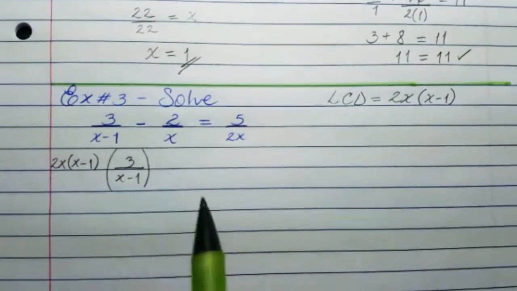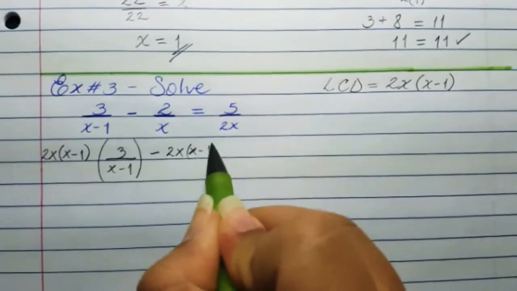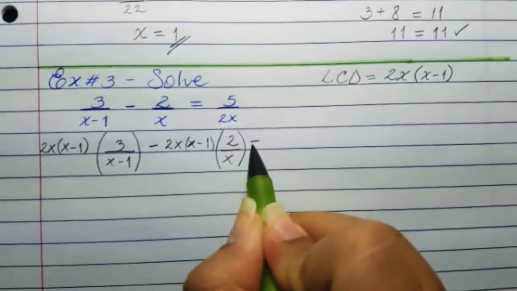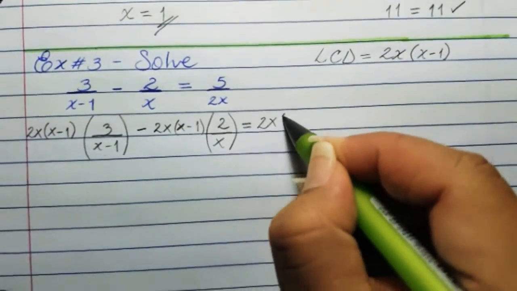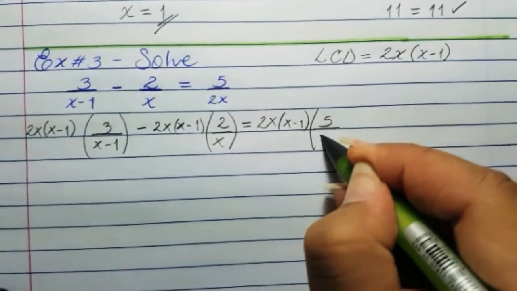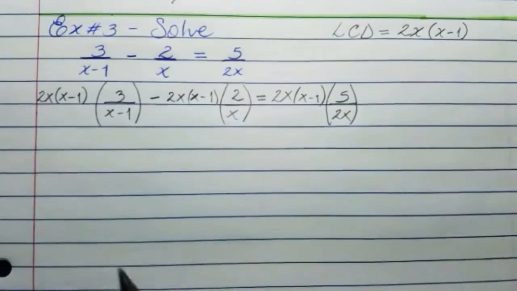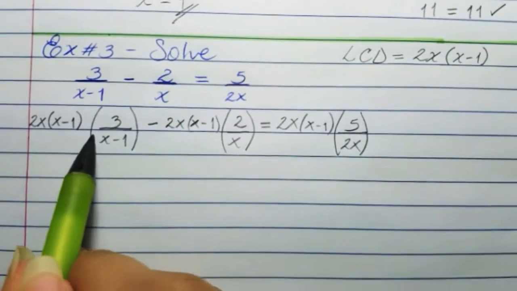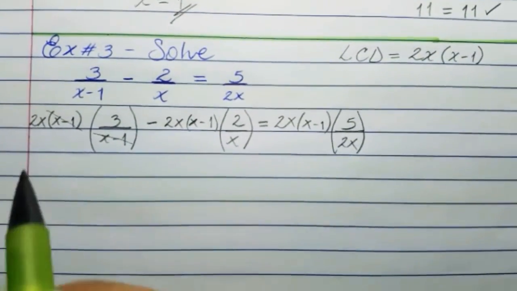Now with the second fraction, minus 2x times x minus 1 times 2 over x, equals, now times this fraction, 2x times x minus 1 times 5 over 2x. And now let's simplify. Here we can cancel the x minus 1 with x minus 1. What do we have left?